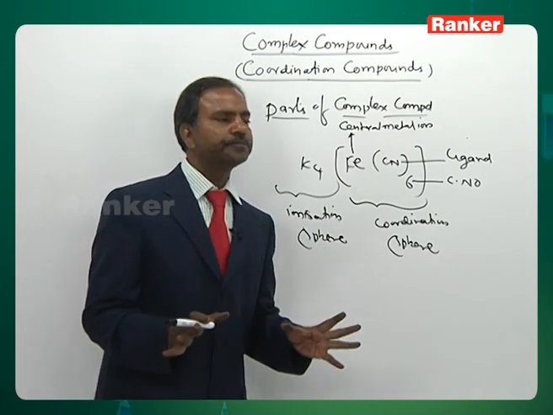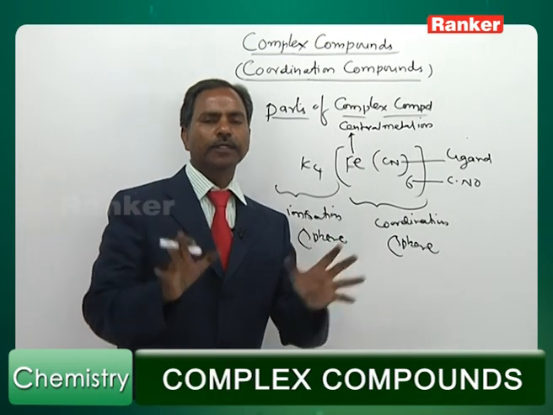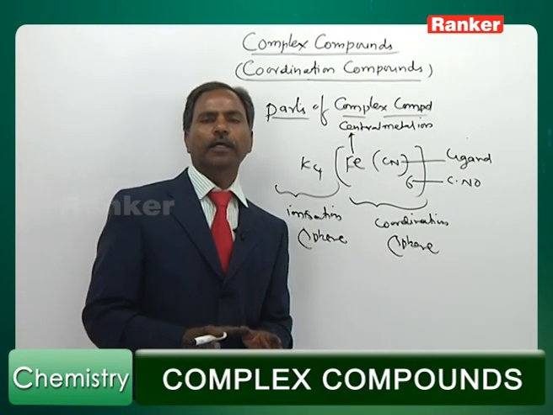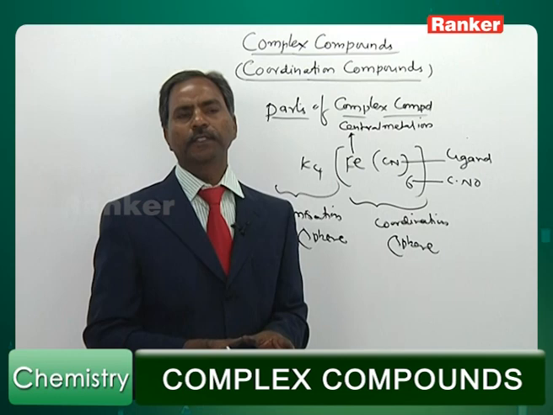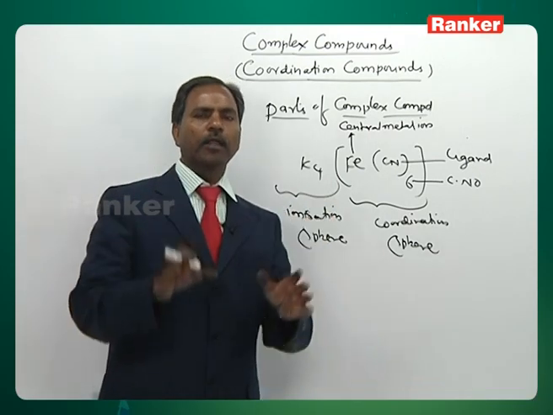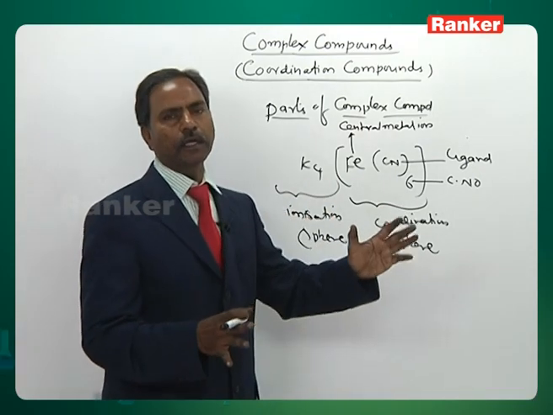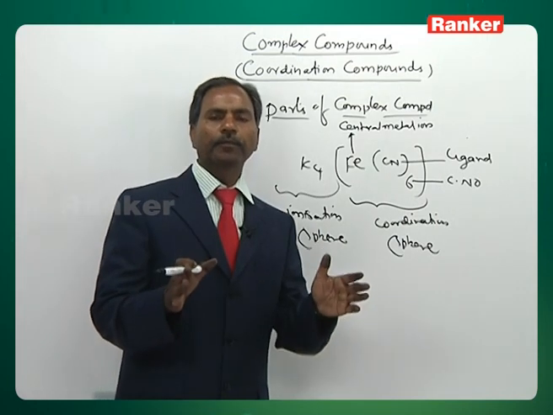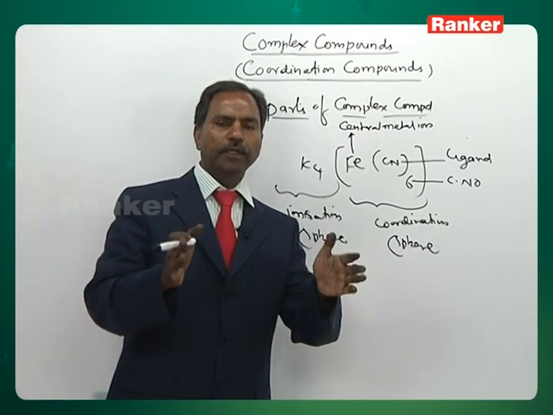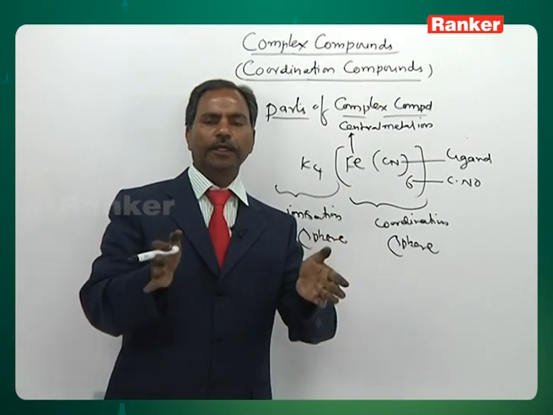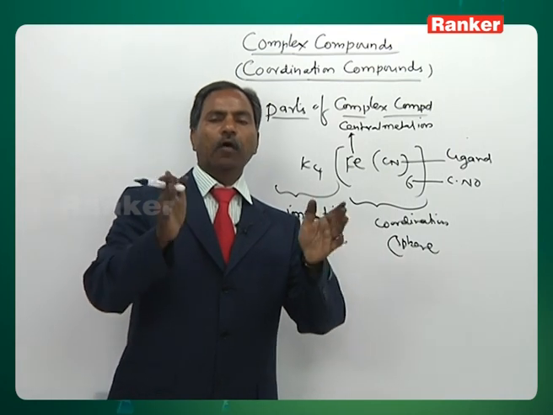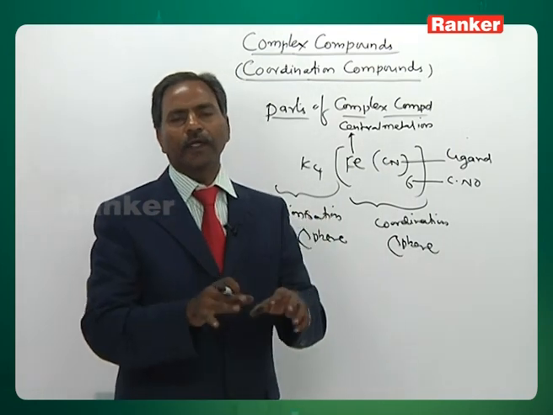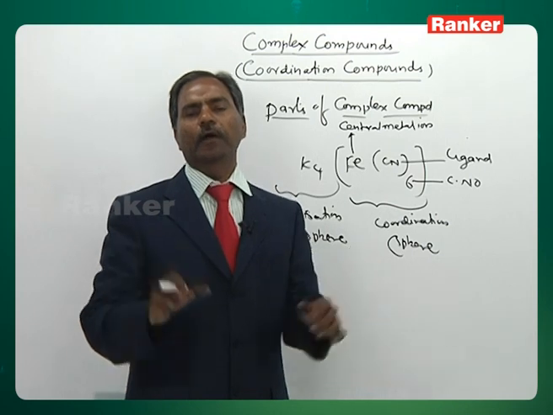Next, let us see what the terms used in complex compounds are. The important term we use in complex compounds is ligand. Ligands are very important. For each ligand, you should remember its name, its structure, its denticity, its charge, and how the ligand is abbreviated in a complex.